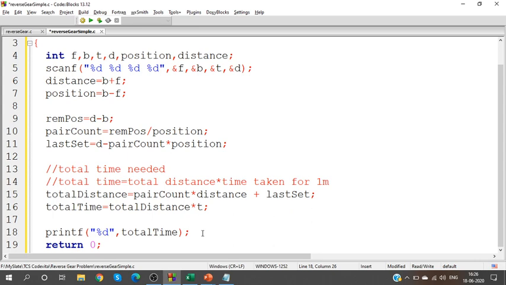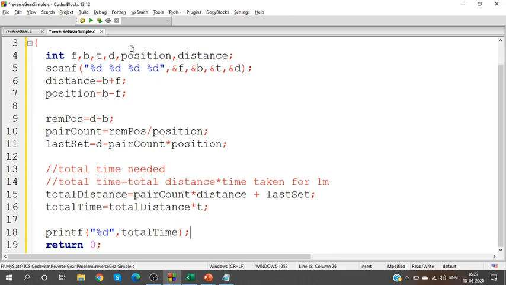Okay. So what we have done here is calculate the distance and position. Then we calculate the number of pairs required. Based on the number of pairs, we get the last set. What is the last set? To be covered only by backward movement. Then we calculate total distance and total time.